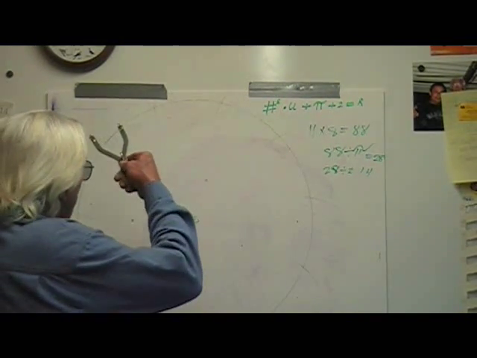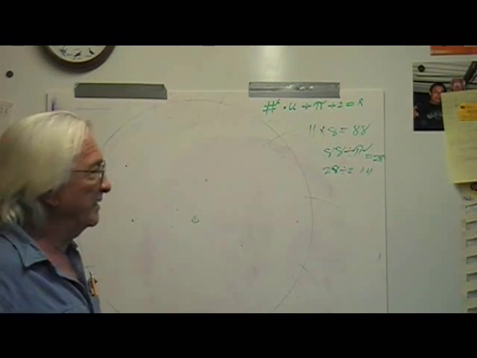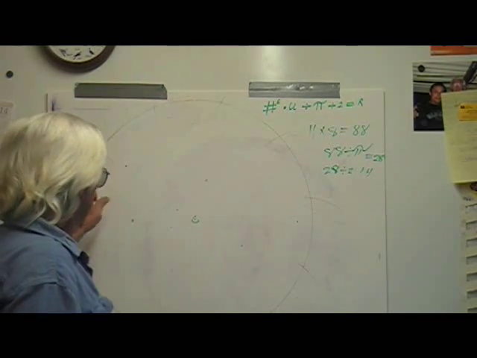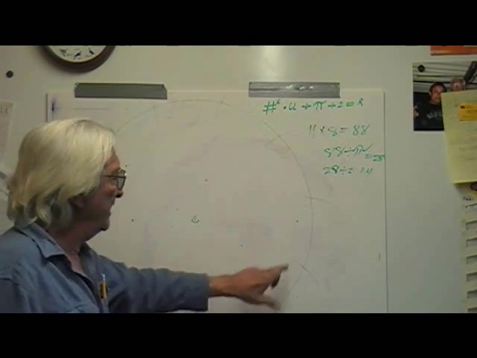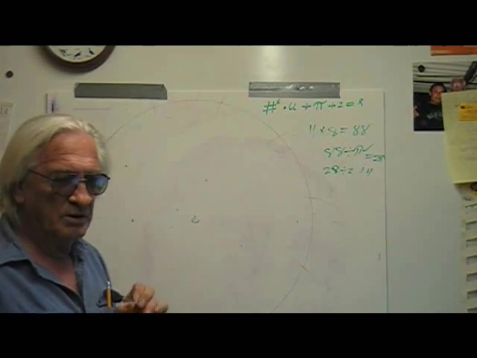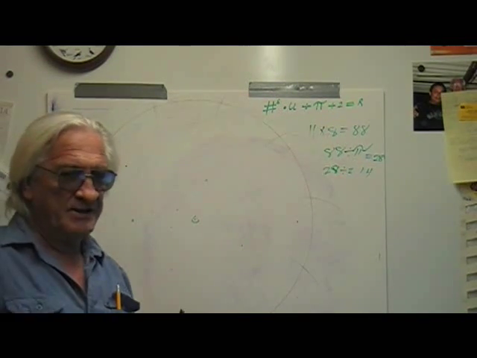Then take your dividers and walk around it and mark your spots. And that cuts it into, right here at the tape, 1, 2, 3, 4, 5, 6, 7, 8, 9, 10, 11 absolutely equal sections.